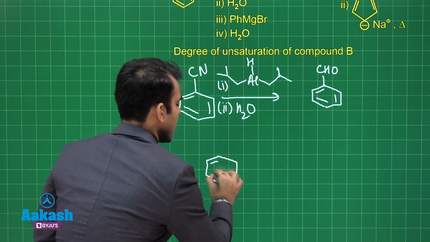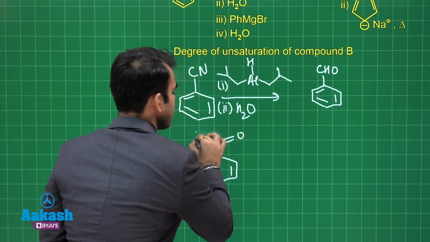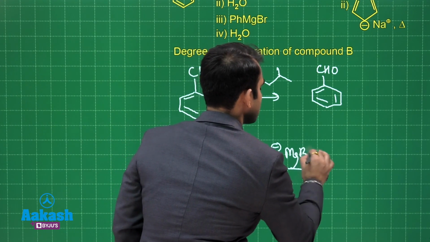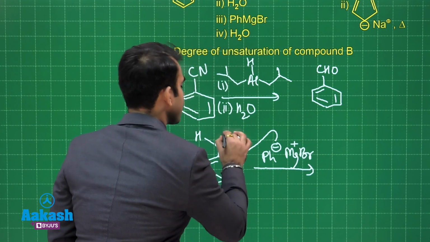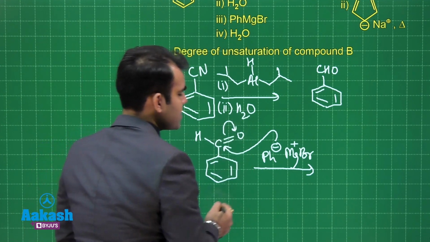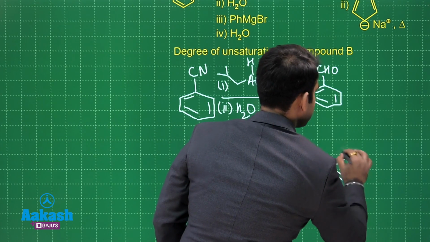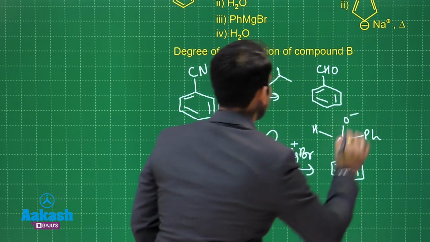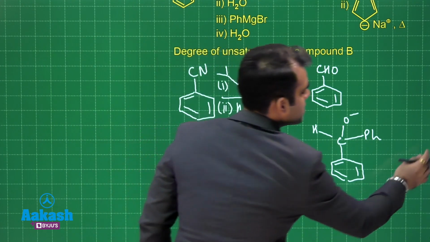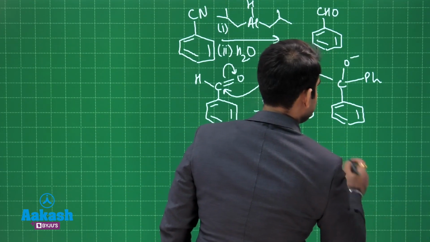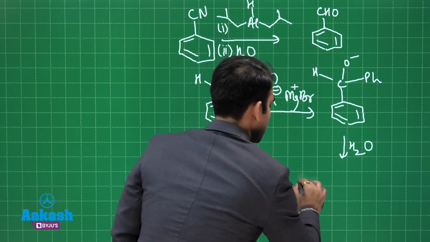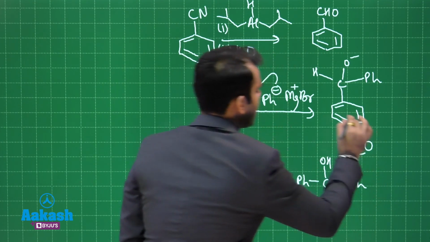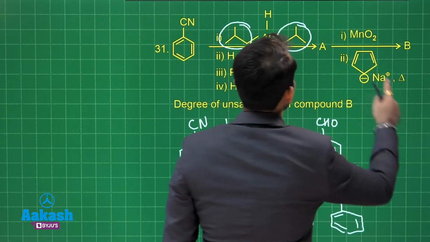So here we have CHO, which is having a deficient center here, and here I have Grignard reagent, that is Ph minus MgBr plus, and this group will attack here and this pi electron migrates here, and finally we get O minus Ph, and then again we are doing the hydrolysis, so my compound gets converted into Ph COH H Ph.